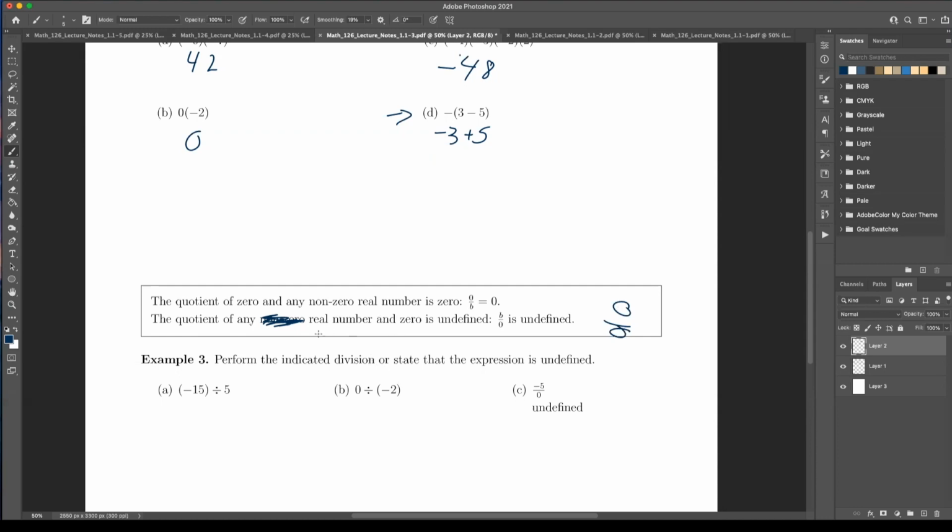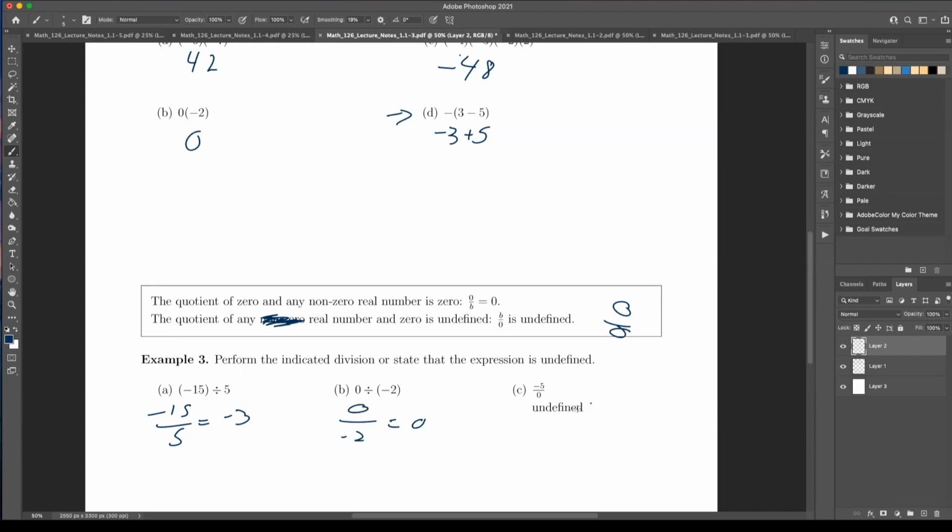Your book may read it that way. Don't ignore it, right? So any real number over 0 is undefined. So anything over this is undefined. Here, -15 over 5 is how I'd write it as a fraction, so this just becomes -3. Here, if I have 0 over 2, that's the same thing as -0 over -2. This is 0. And -5 over this, for some reason I wrote the answer, not positive.